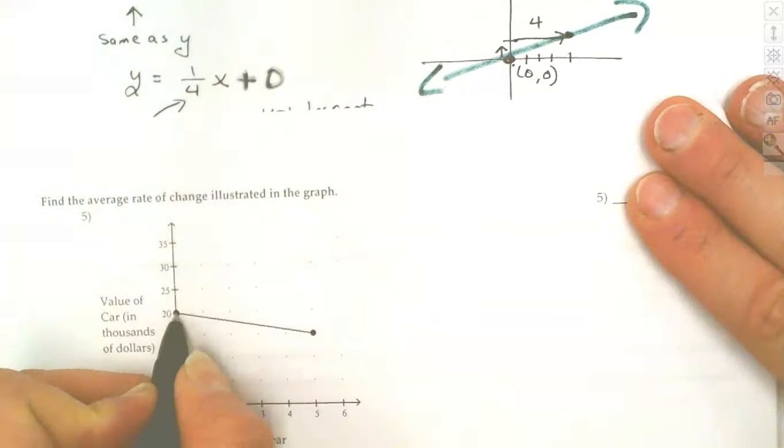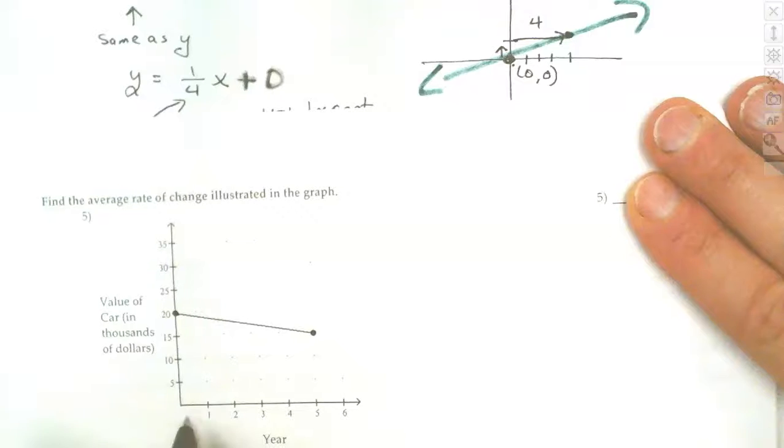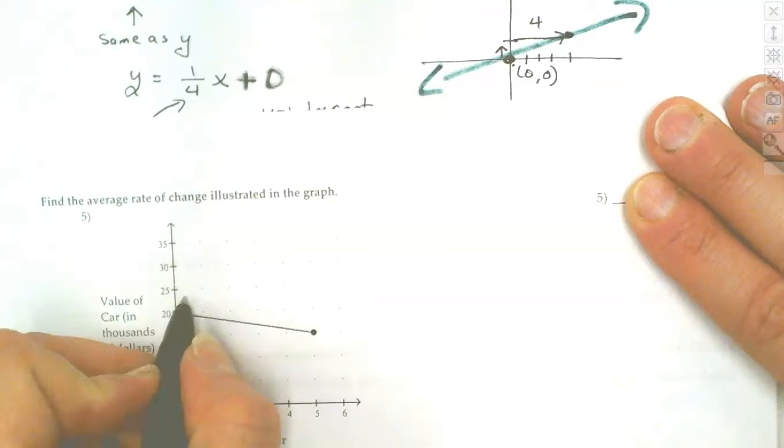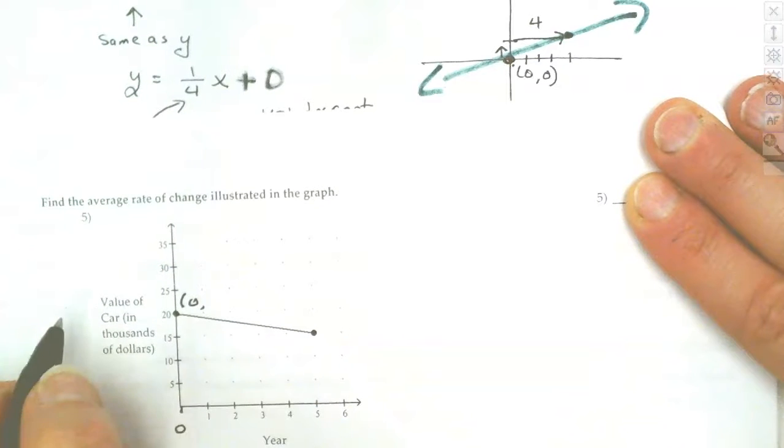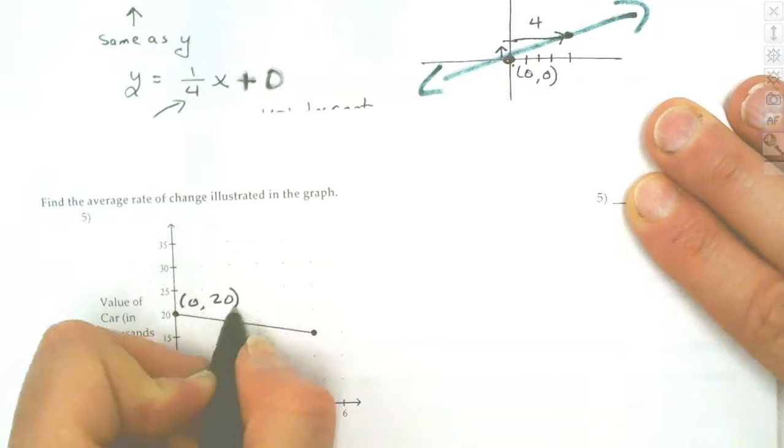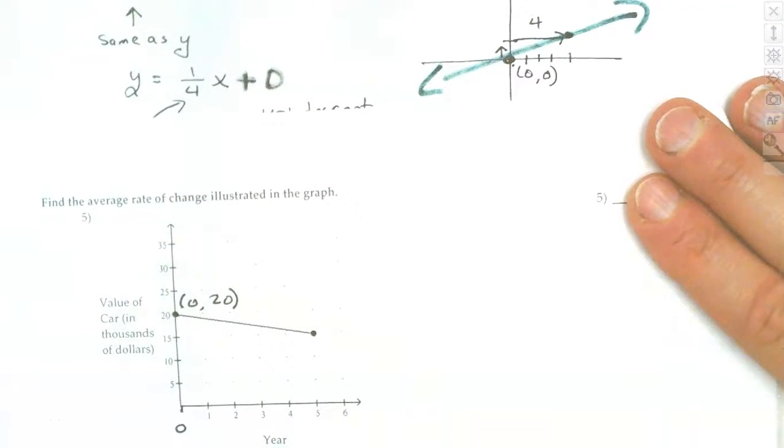And we'll just find our ordered pairs here. So this ordered pair is at 0, comma, 20. So we bought the car brand new and it cost us $20,000.